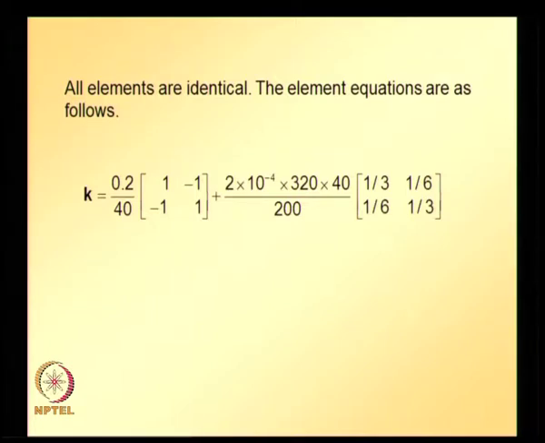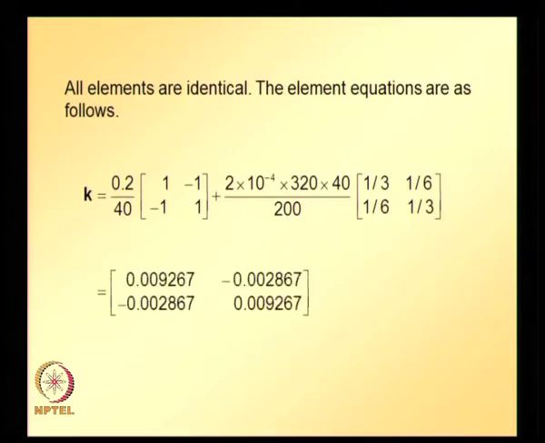Making substitution of all the quantities and simplifying it further, we get this K, and R, again making substitution of all quantities like convection coefficient, perimeter, ambient temperature, area of cross section, length of each element, we get this R. Now this K and R are going to be the same for all elements because all elements are identical.